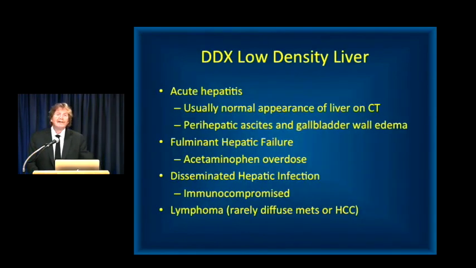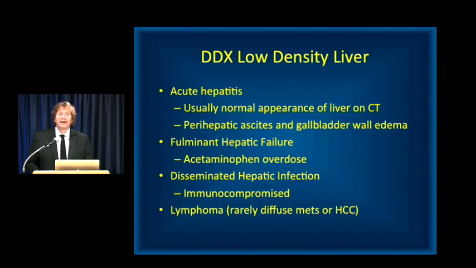Now, when you talk about low density in the liver, there are a number of things we think about. We think about injury to the liver, acute hepatitis. Now, often with acute hepatitis, the liver may look normal on CT, or it can be edematous. You can see ascites, you can see edema around the gallbladder wall. We talk about fulminant hepatic failure.